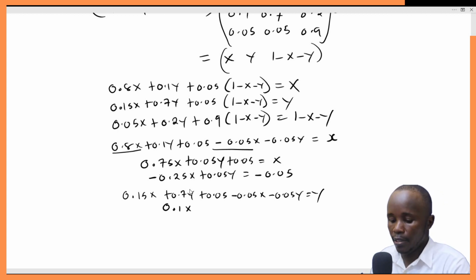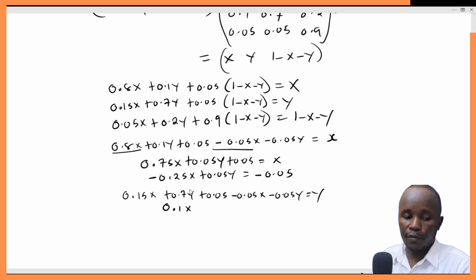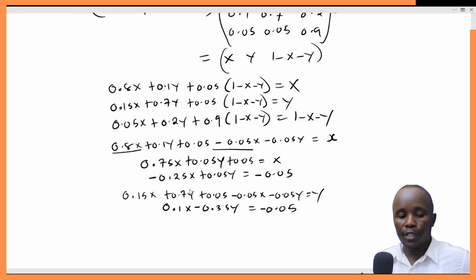Let me go to y. 0.7y minus 0.05. And then remember, y on the other side is positive. So when it comes on this side, it will be minus 0.35y should give me negative 0.05. Good. I hope it's clear up to this point.